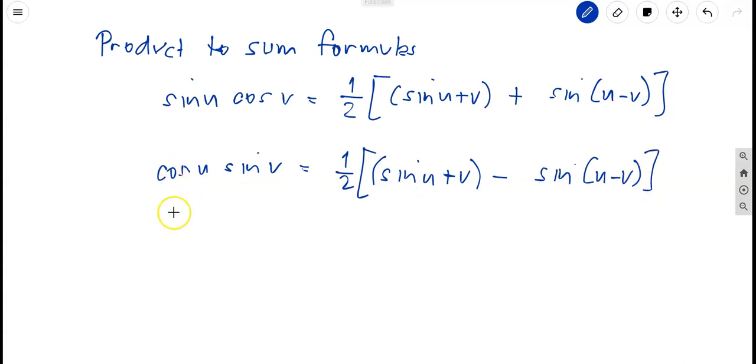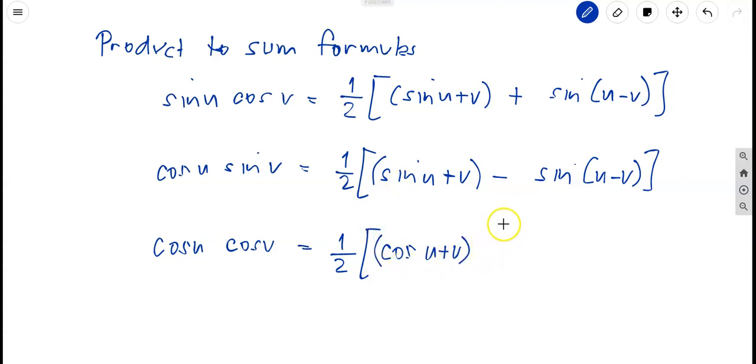Next, we have cosine u cosine v is equal to 1 over 2 times cosine u plus v plus cosine u minus v.